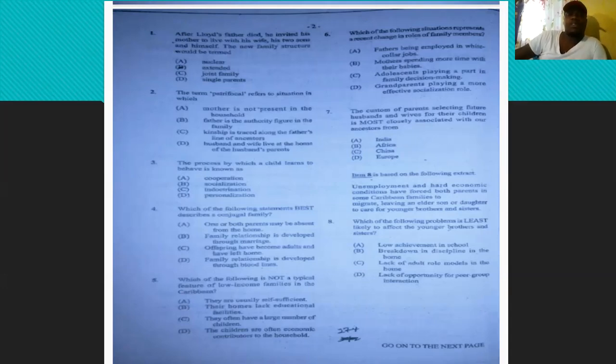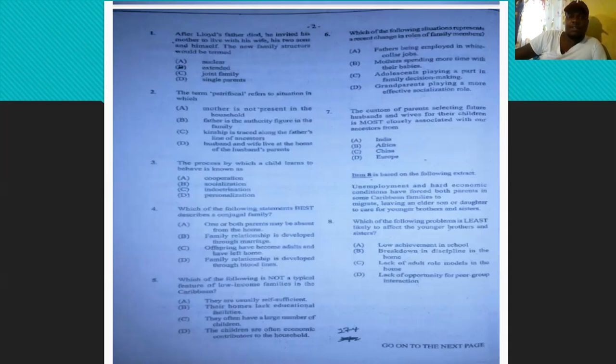Good. Number two says, the term patrifocal refers to the situation in which A, mother is not present in the household, B, father is the authority figure in the family, C, kinship is traced along the father's line of ancestors, or D, husband and wife live at home of the husband's parents. D, that is patrilocal, where the husband and wife live at the husband's parents' home. That's patrilocal.